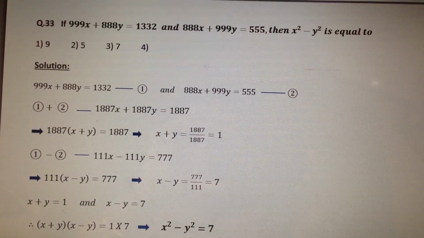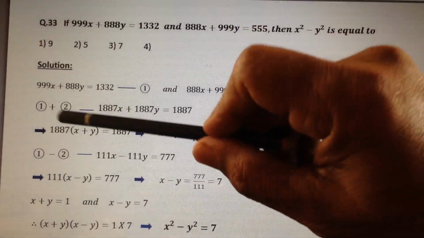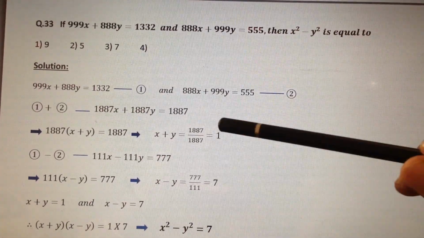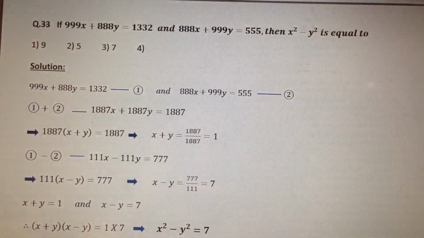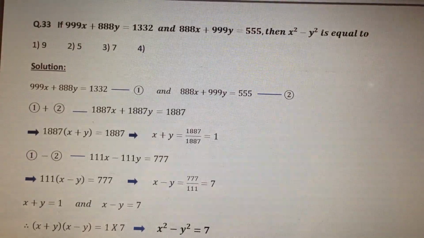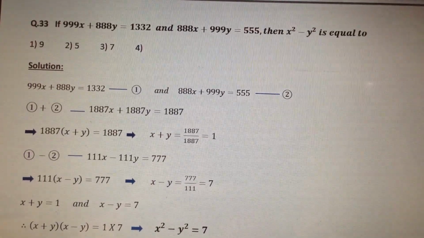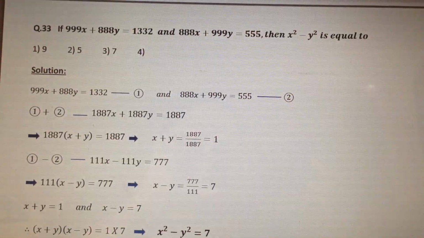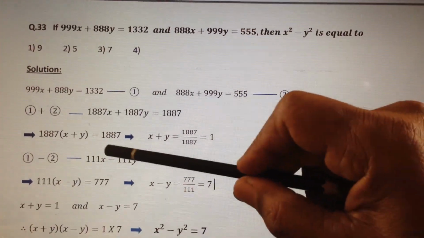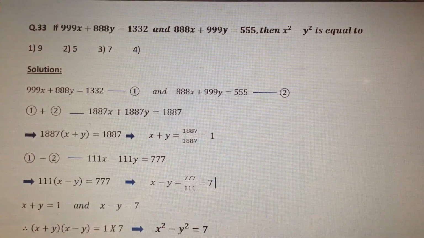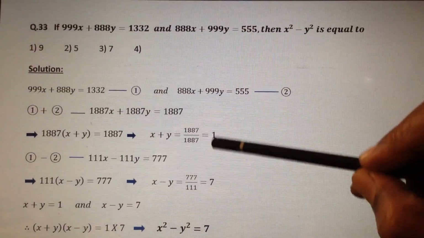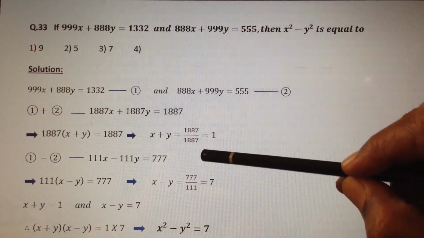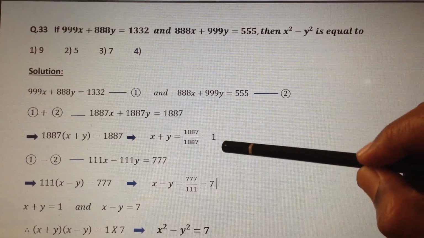Let us add both the equations. Equation 1 plus equation 2 is equal to 1887x plus 1887y is equal to 1887. 1887 into x plus y is equal to 1887. Therefore, x plus y is equal to 1887 by 1887, which is equal to 1.